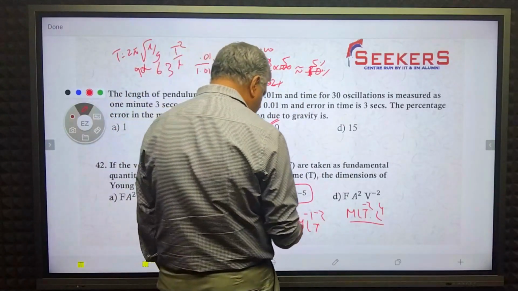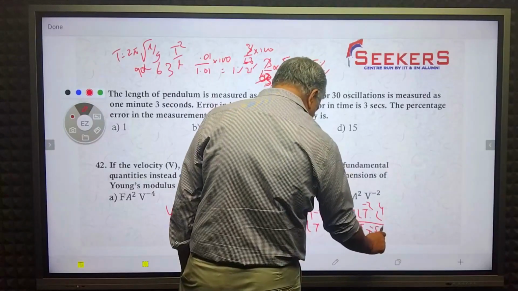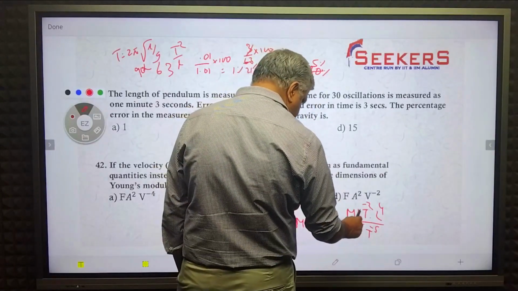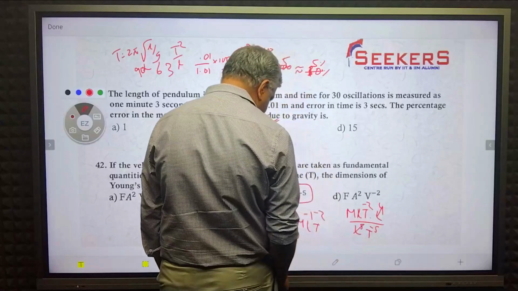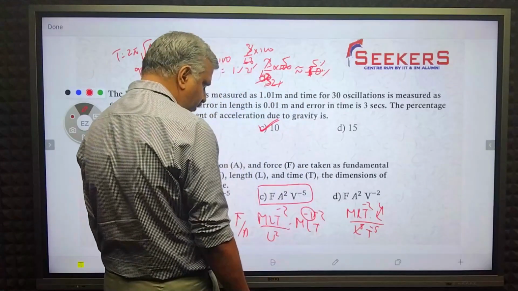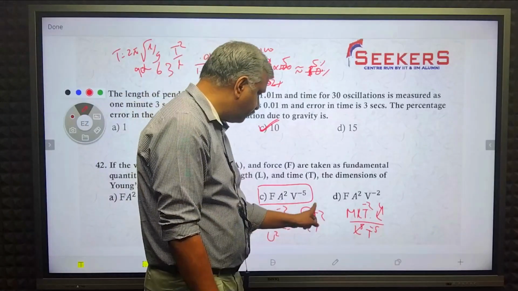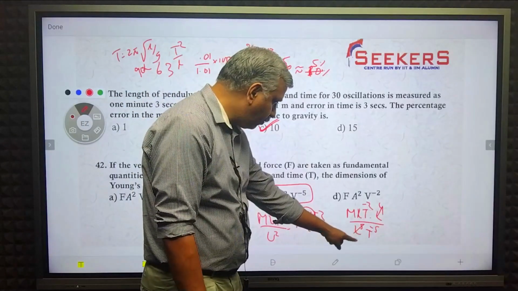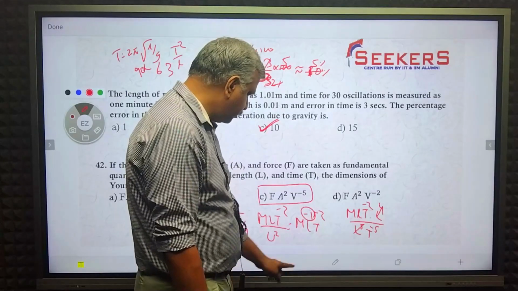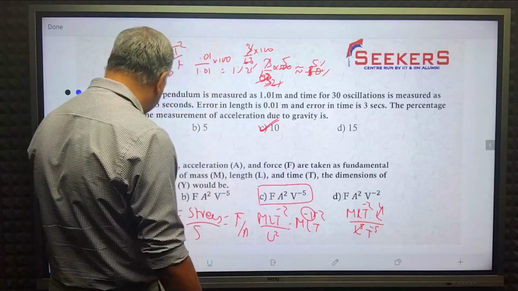Velocity means L power 5 T power minus 5. So this and this gets cancelled, but here there is an L power minus 1, so it can't be this. Okay, but instead, maybe instead of v power minus 5, v power 4 would have worked better, or v power 6 would have worked better. So let me try this one.